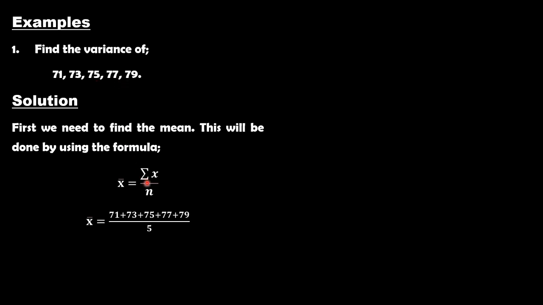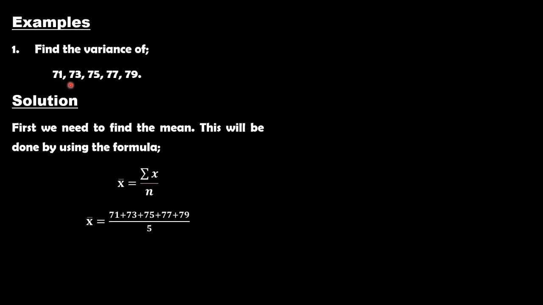That's our summation x, divided by n. N is the number of values that we have. Sometimes it's also represented by summation f. In this case, we use n. Now, how many values do we have in this data set? We can easily get that by counting the number of values we are given.